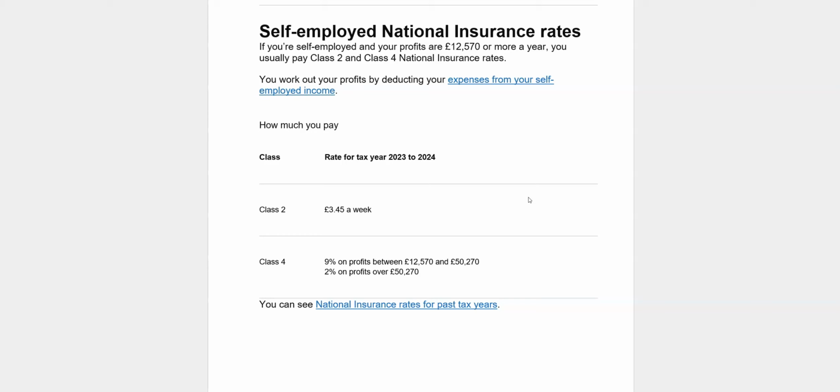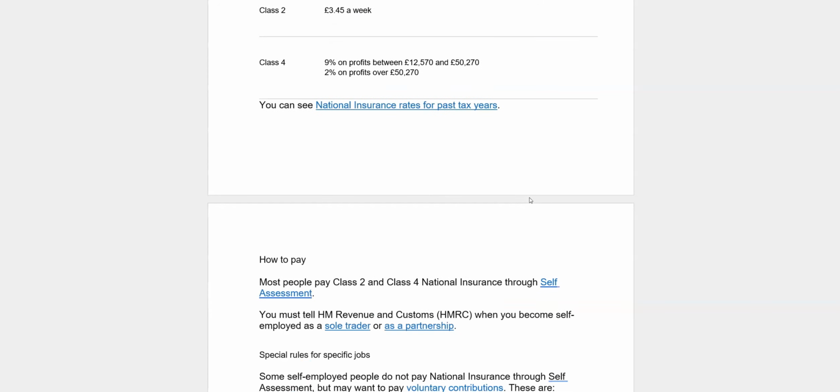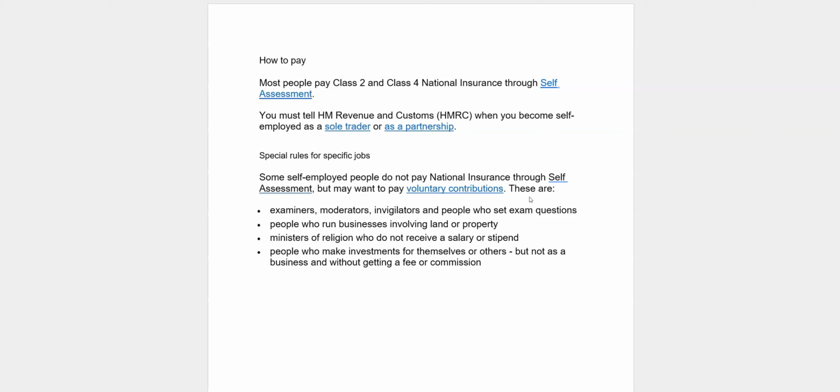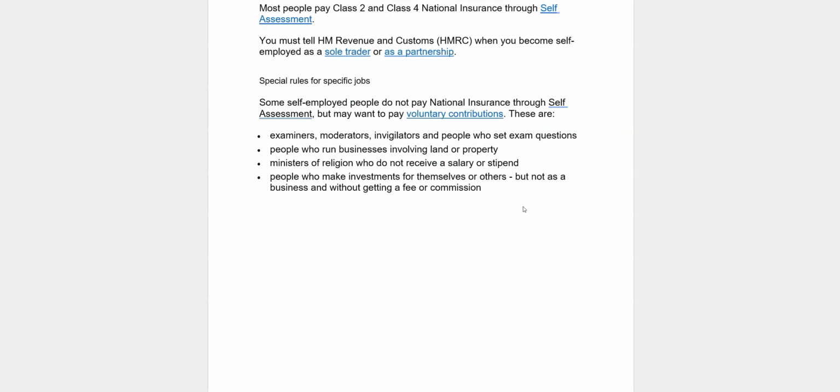For example, if your profit is 60,000, you take 60,000 minus 50,270 and multiply by 2% to find out how much is the class 4 national insurance contribution. You have to pay this at the same time as you pay your self-assessment tax. How to pay the tax? You can pay the same way we do the self-assessment.